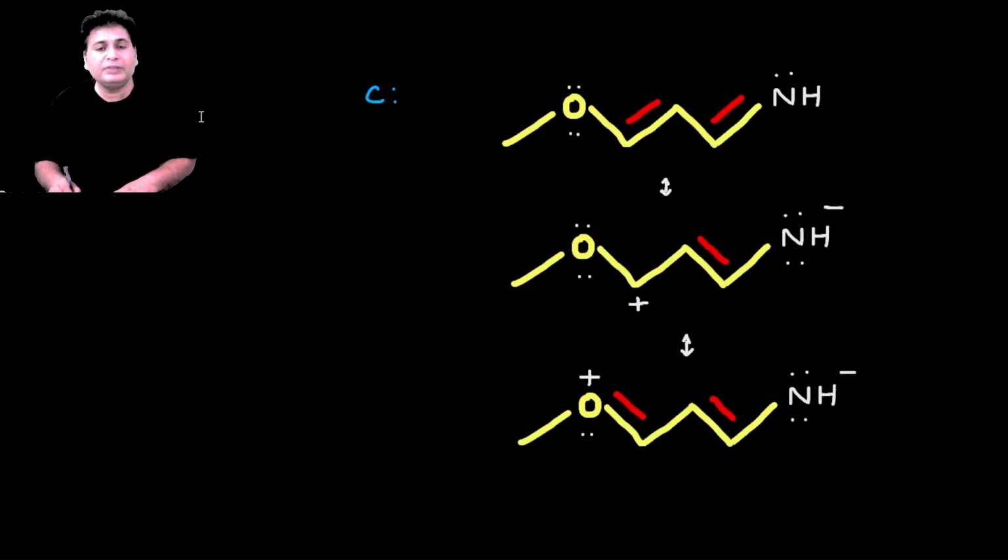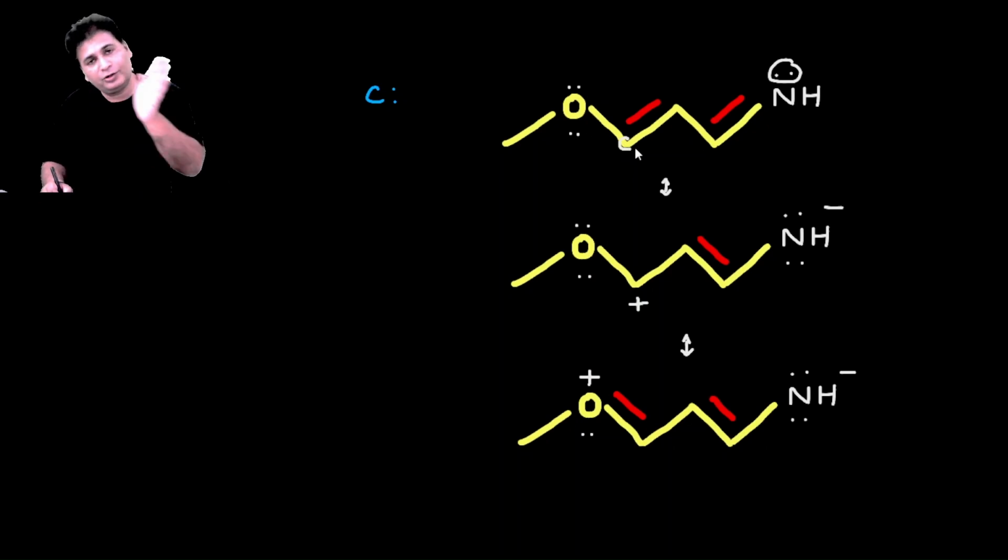Now what happens in case number C, you should realize that again this lone pair is not in conjugation, so it will remain there. Next thing, there is another type of conjugation present in this compound, double, single, double. So on that ground you understand this is nitrogen and this is carbon, so electrons will shift towards nitrogen in this manner.